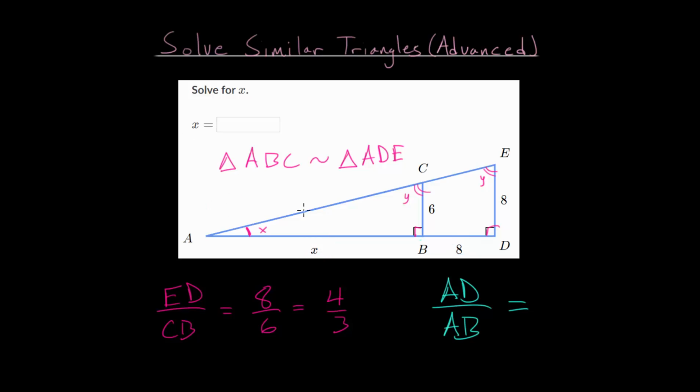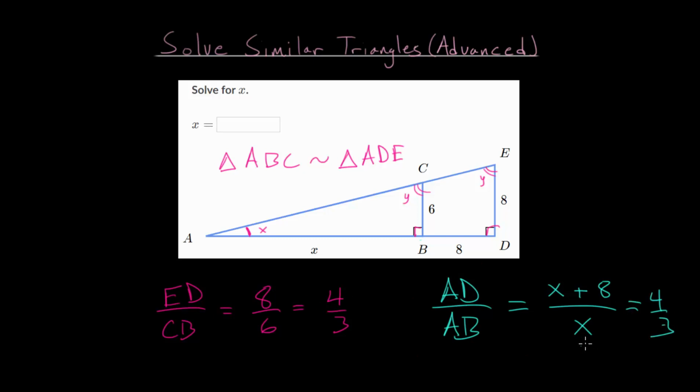So we can write AD as x plus 8, and then AB, that's just x. And we know that since the two triangles are similar, the proportionality constant is the same when we compare any of the corresponding sides, which means that this ratio is also equal to 4/3.